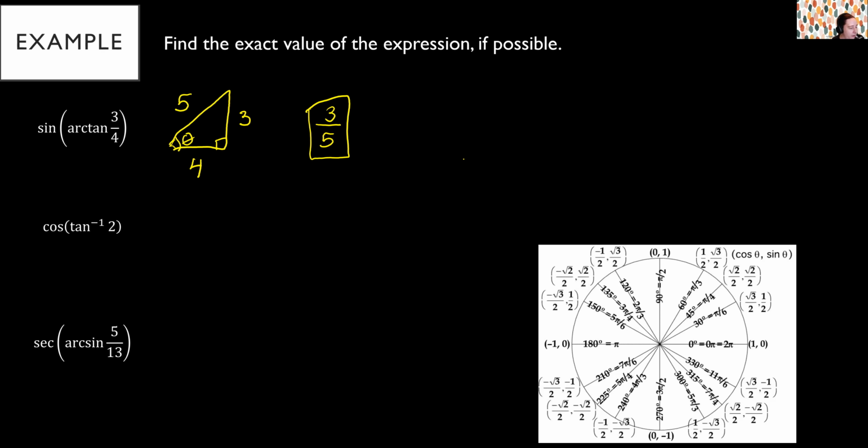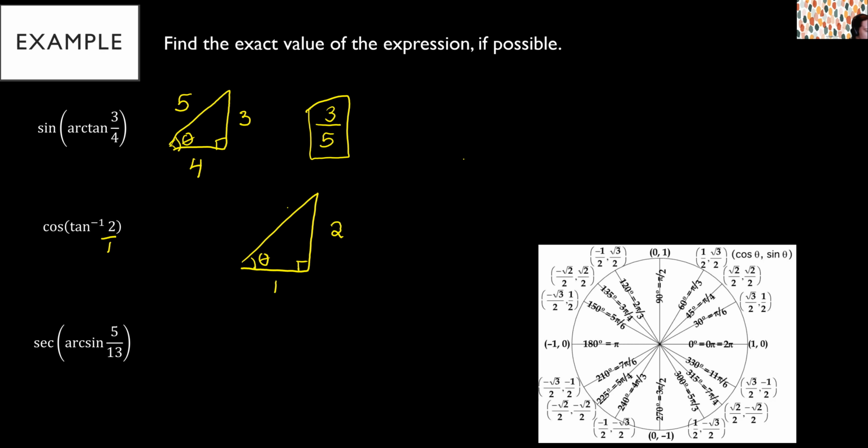So the next one, we've got cosine of arctan of 2. I always like to make these fractions. So tangent is opposite over adjacent, so that's going to be 2/1. So I've got a 1, 2, and then I need to figure out my hypotenuse.